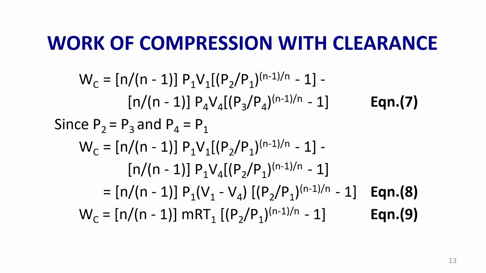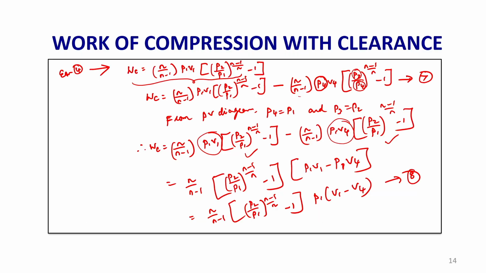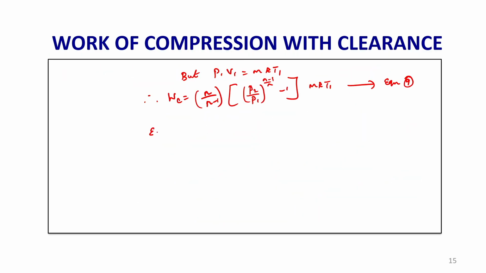So, equations 8 and 9 are the two forms of the equation pertaining to work of compression for a reciprocating air compressor with clearance volume.